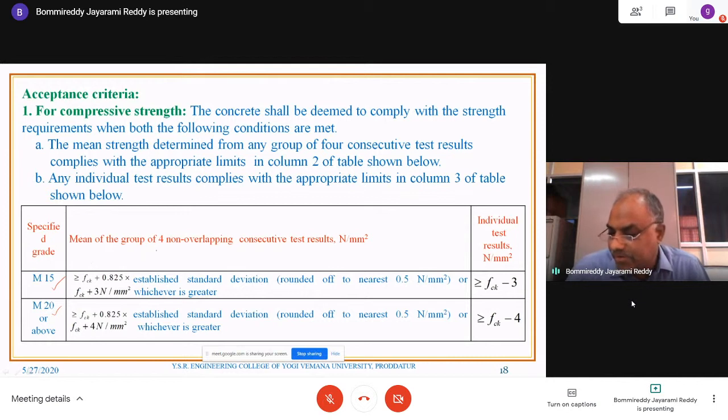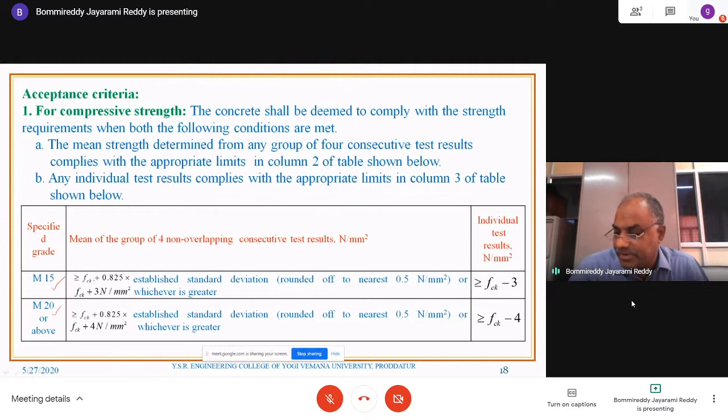So here, the mean of the group of 4 non-overlapping consecutive test results must be more than FCK plus 0.825 times the estimated standard deviation.